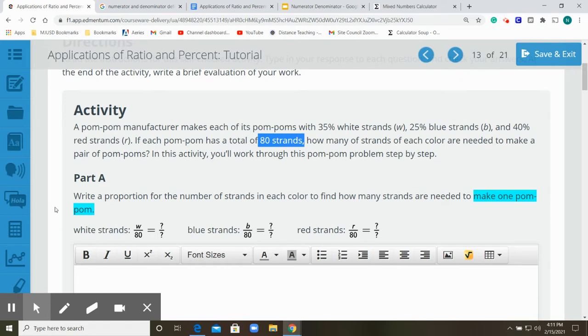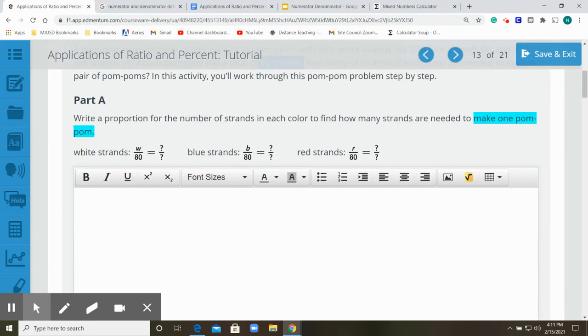Let's go. Give me a part A. Write a proportion for the number of strands in each color to find how many strands are needed to make one pom-pom. So the white strands is W over 80, the number of strands that are white over a total of 80 strands.